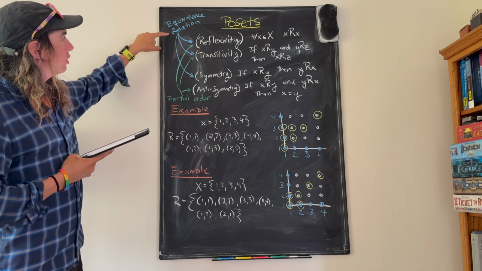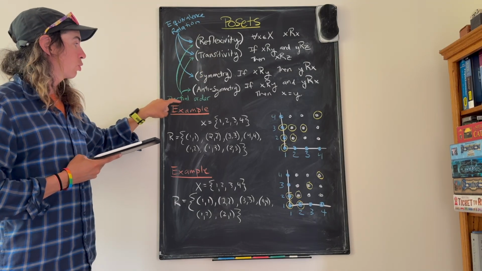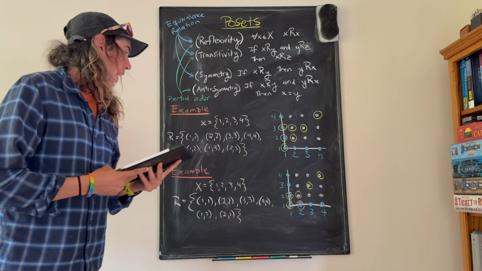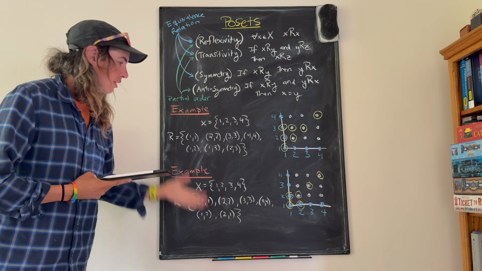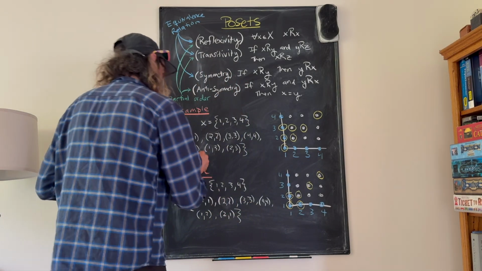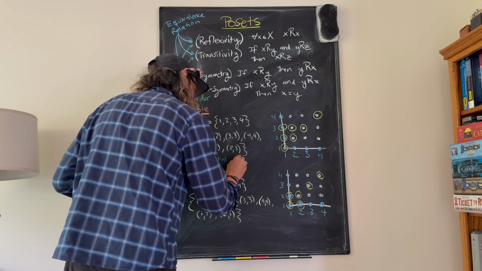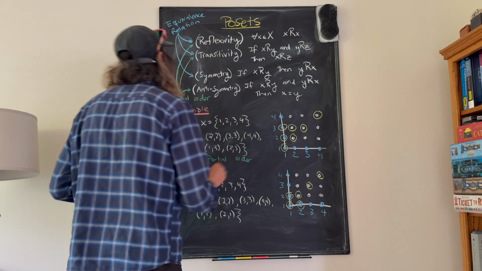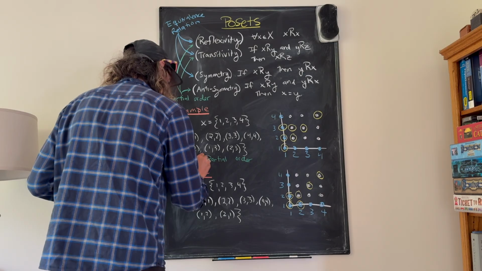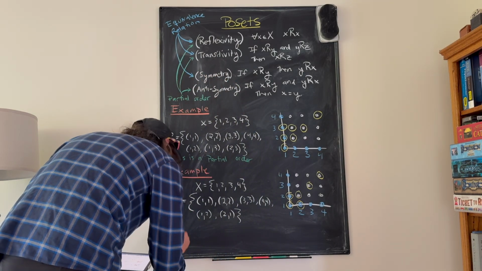Recall that equivalence relations satisfy reflexivity, transitivity, and symmetry, whereas partial orders satisfy reflexivity, transitivity, and antisymmetry. So, as we said before, the top one is a partial order, and the second one is an equivalence relation.